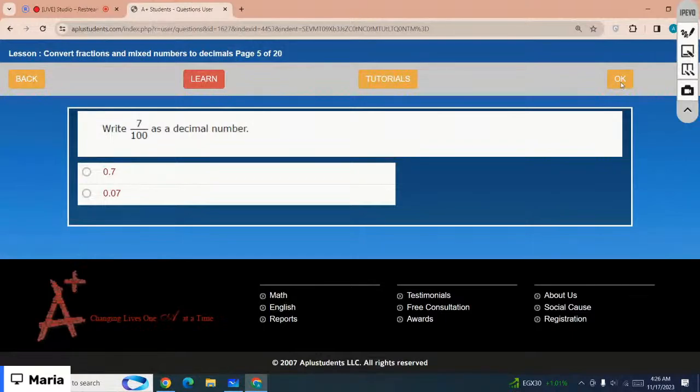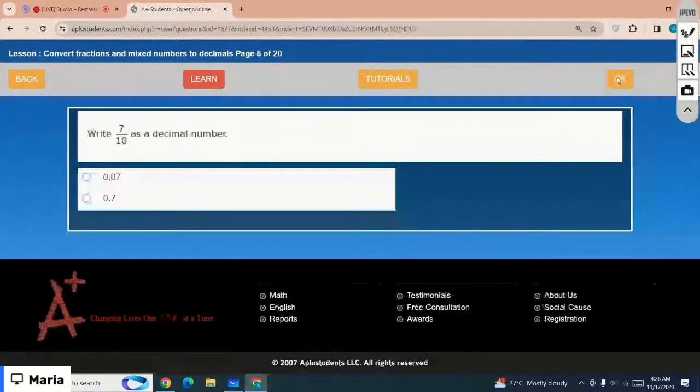Okay, write 7 over 100 as a decimal number. So which is the correct option? Yes, the correct option is 0.07. The second one is the correct option.